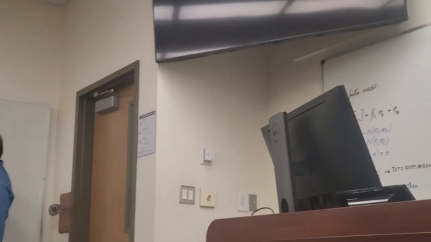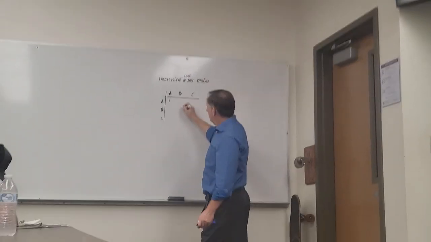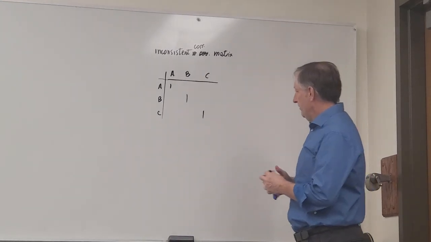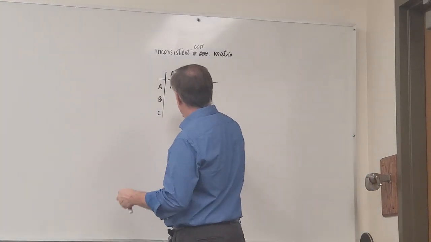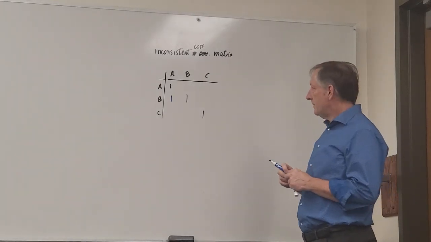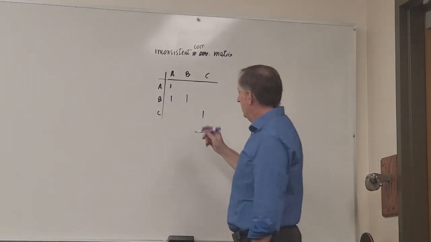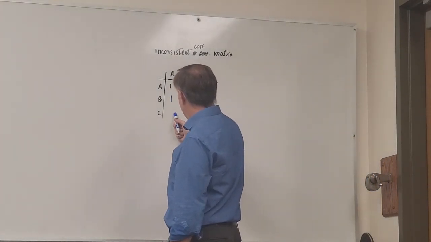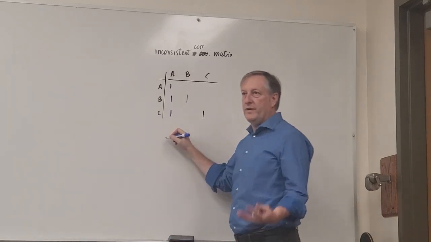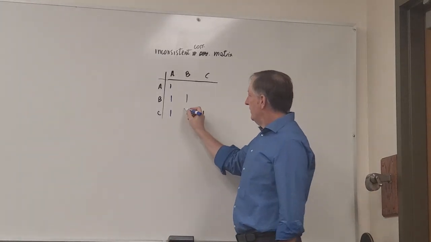The correlation between something and itself is always going to be 1. So those are it. Now let's suppose A and B always behave the same. Then the correlation between them is 1. Do you agree with that? And the correlation between A and C is also 1. What should this one be?